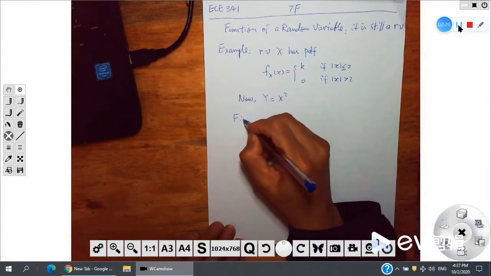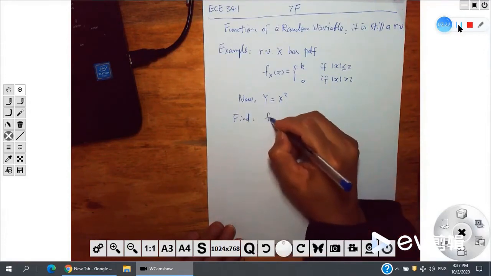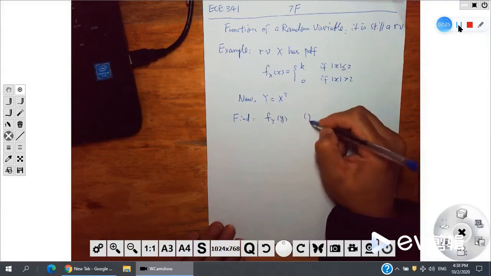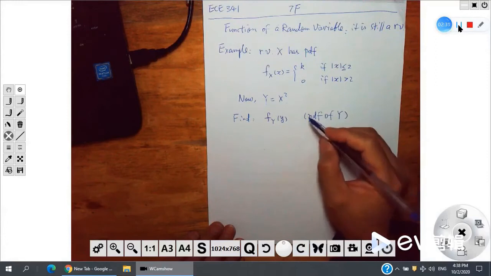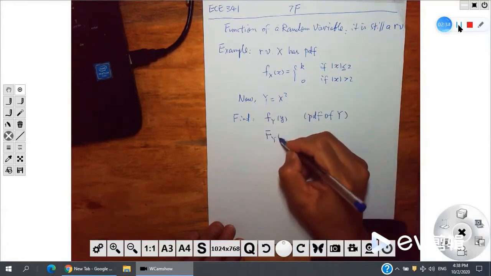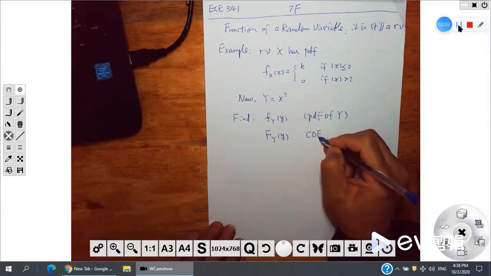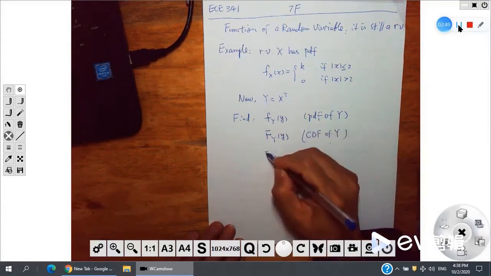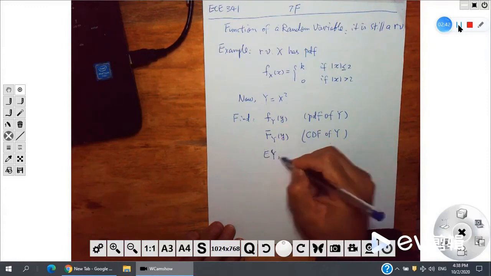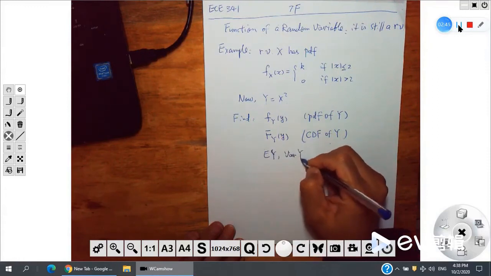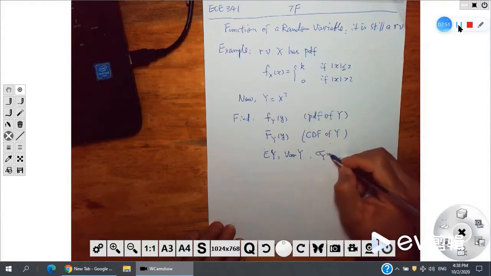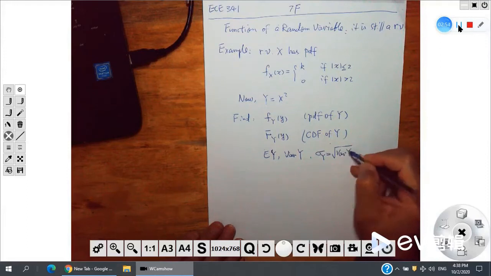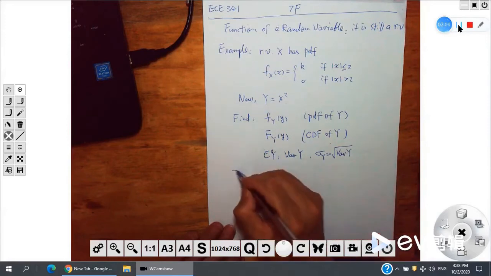Find fy of y, this is the PDF of Y. I also want Fy of y, this is the CDF of Y. And E of Y, variance of Y, and also the standard deviation of Y. Actually, this is the square root of variance of Y. So if you have variance, then you can have the standard deviation, just take a square root.